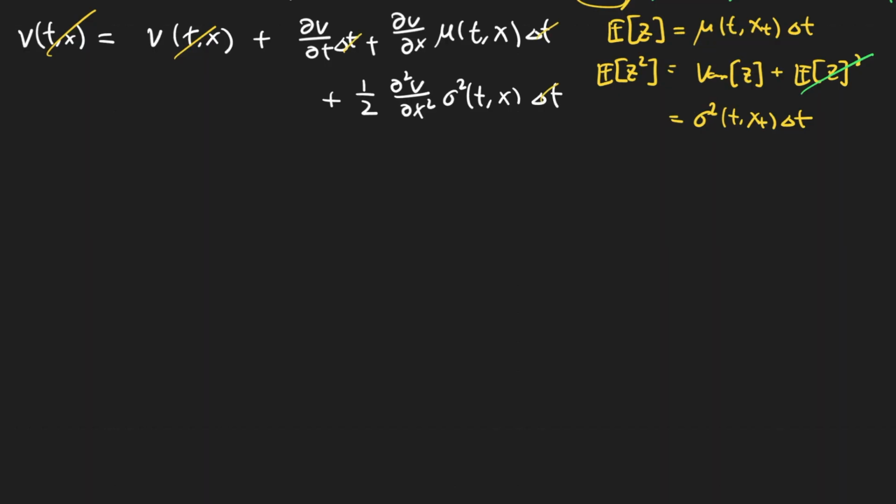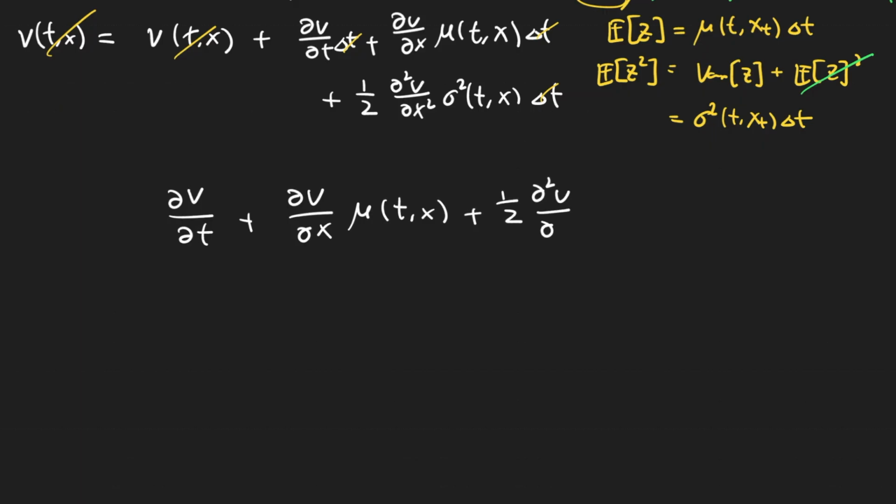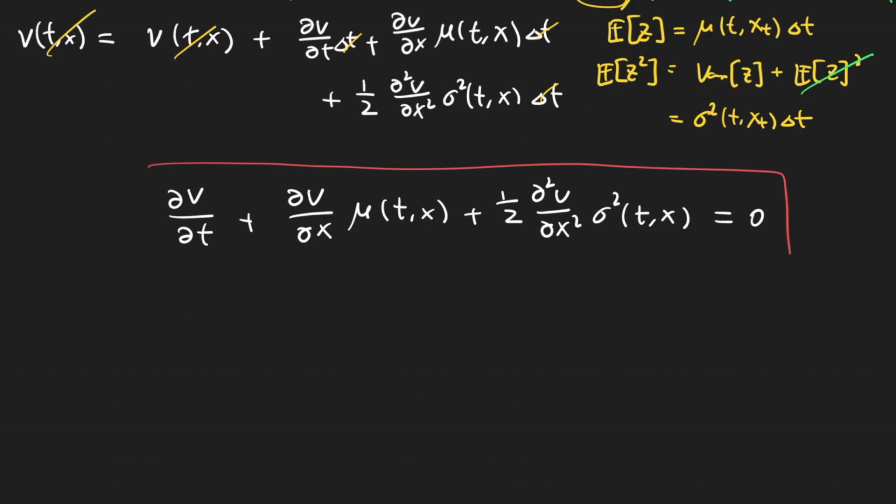So in the end, we'll have partial v with partial t plus partial v with partial x times mu plus a half the second partial times sigma square equals to 0. This is the Kolmogorov backward equation.